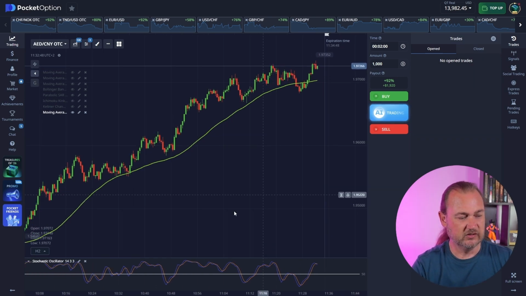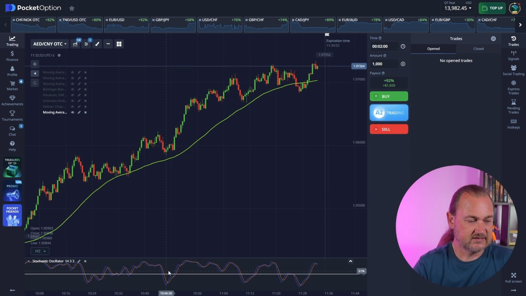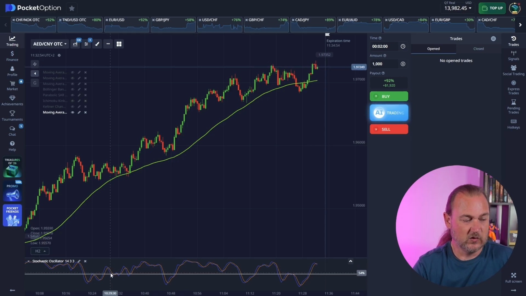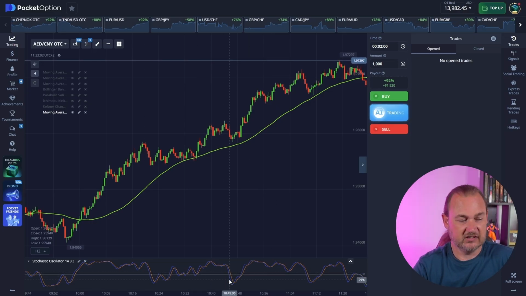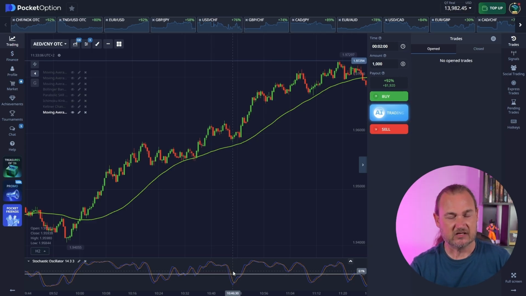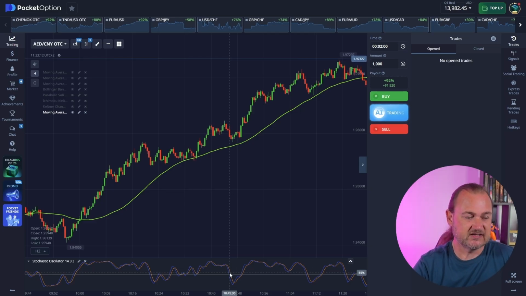Now, if we look at the stochastic, we see that we now have a single line, and we have the stochastic oscillating either above or below the 50 line. Remember, the stochastic oscillator moves between values of 0 and 100, so 50 is smack dab in the middle.